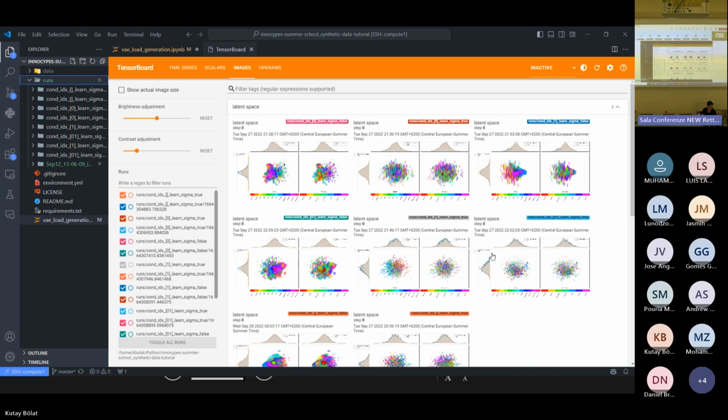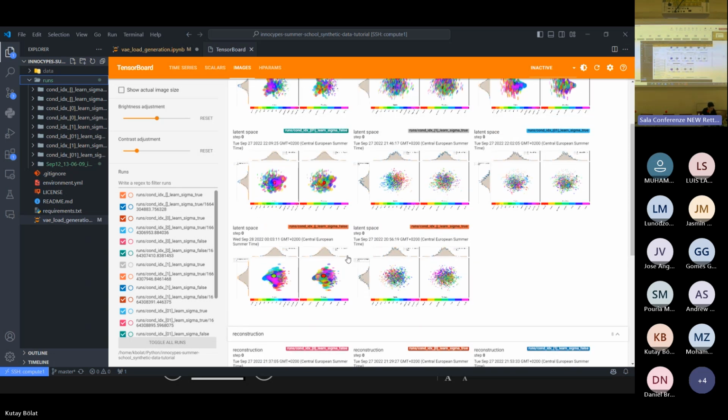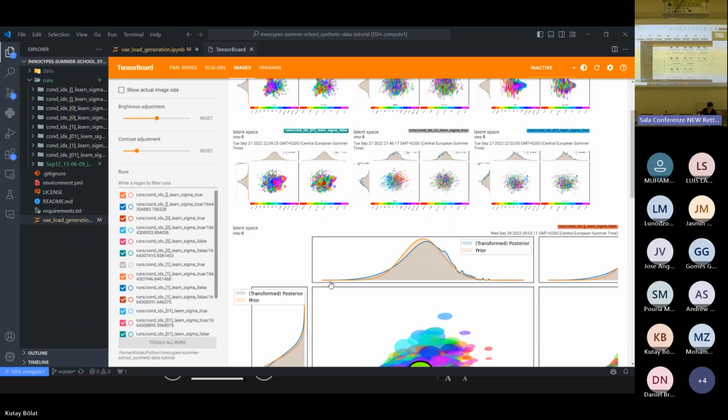There are some instructions in the notebook. But let's check the scenario that we don't have any conditions. So learning sigma false. Let's go with this.